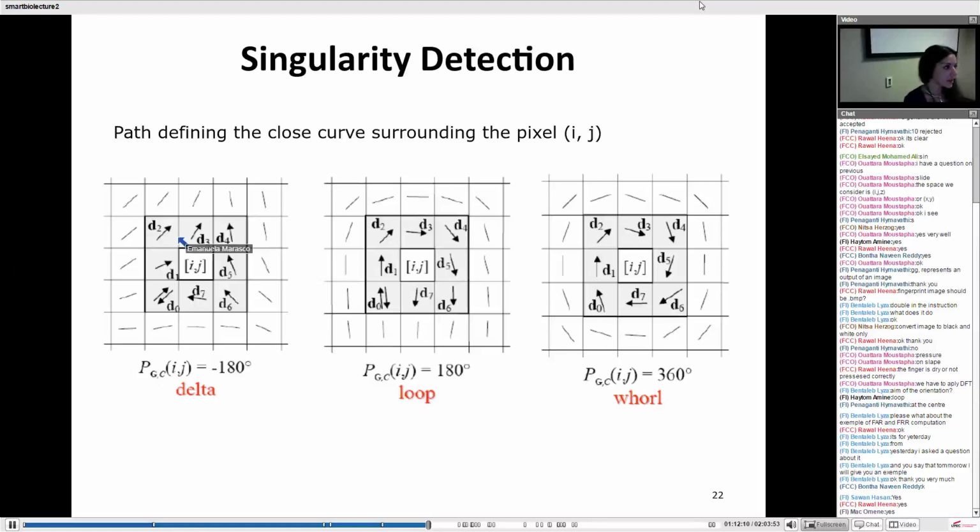And we consider differences in orientation between adjacent pixels, right? D2, D3, D3 minus D4, D4 minus D5, and so on.